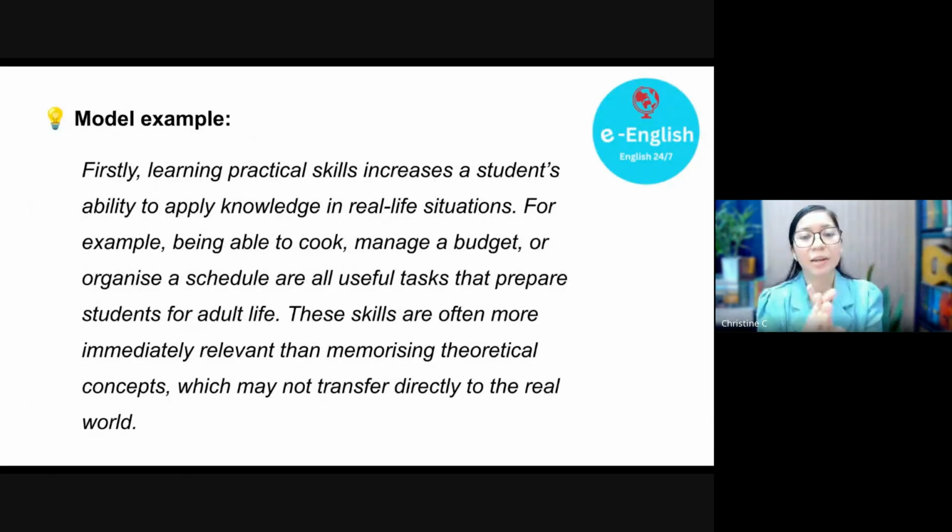Okay. So here is a model answer for our full body paragraph related to applied knowledge versus theoretical knowledge. Okay, so firstly, learning practical skills increases a student's ability to apply knowledge in real life situations.